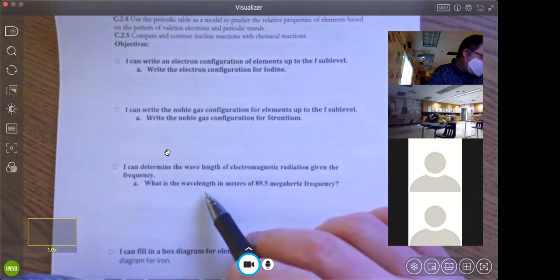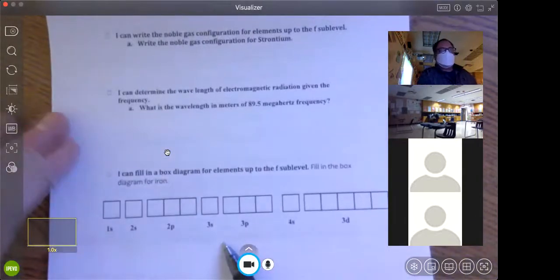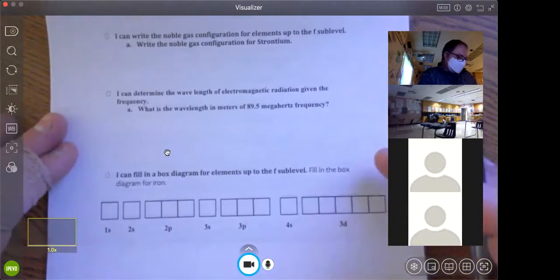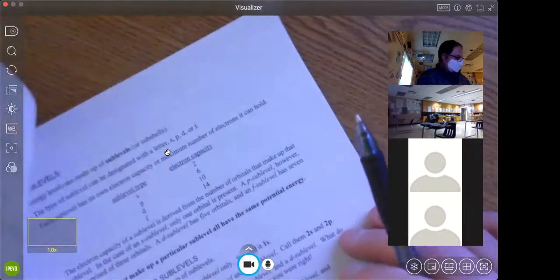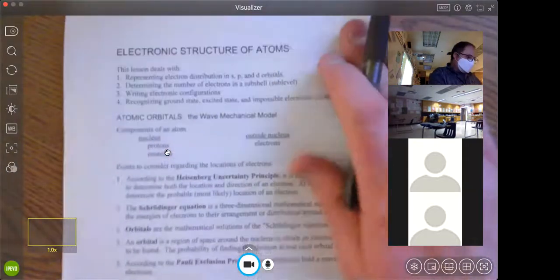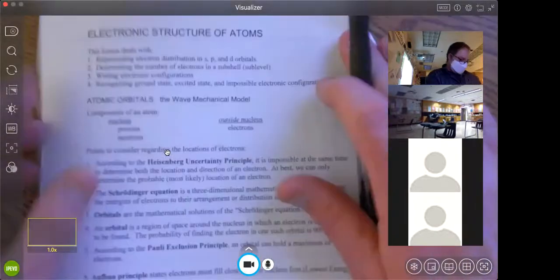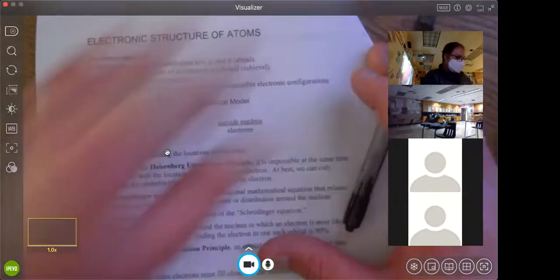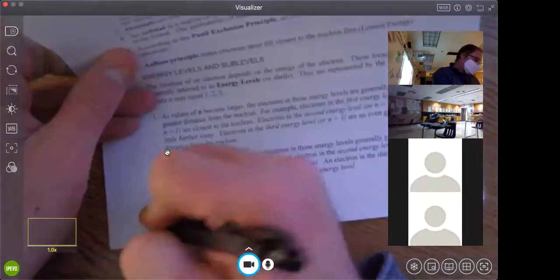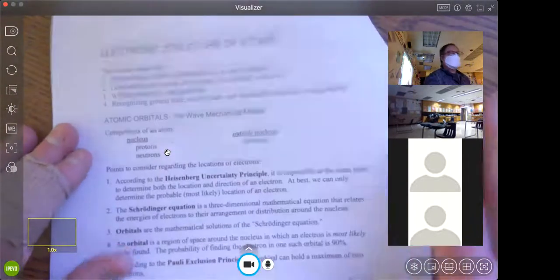We want to be able to calculate the wavelength of something. We want to fill in this box diagram of something. So in order to do that, we need some rules. If you want to number these pages, this would be page number 2. Might be a good idea.